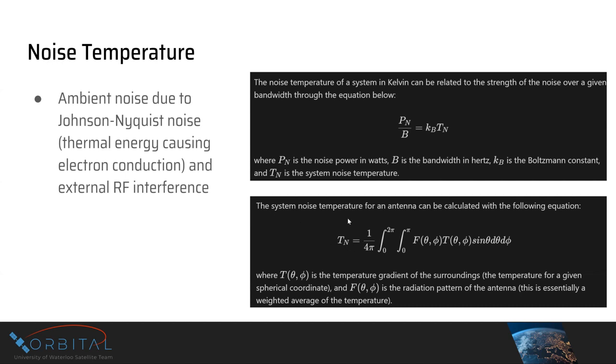Noise temperature is based on both your surroundings and your antenna's radiation pattern. You don't actually use this equation, but this is the theoretical formulation of noise temperature with a double integral. It's essentially the integral of the noise multiplied by your radiation pattern, a weighted average of the temperature in your surroundings.